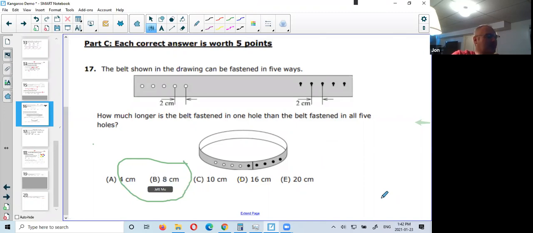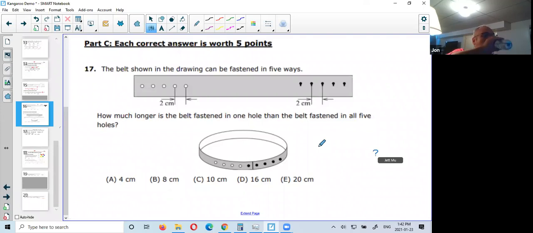The explanation of why it's 8 is kind of interesting, right? So can someone explain why it's 8? Andrew or Chasen? Your hands are up. I think the answer is 8.